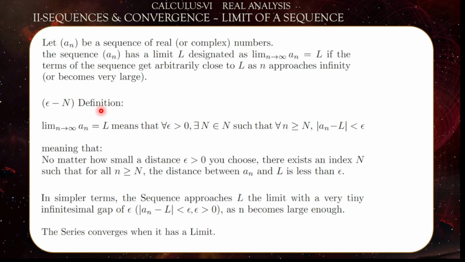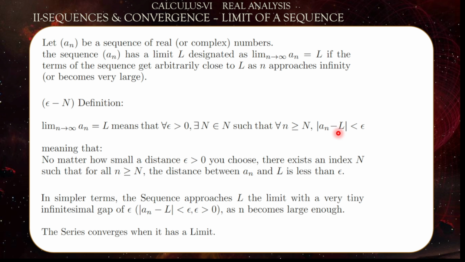Epsilon-N definition. The limit of an as n approaches infinity is equal to L means that for whatever epsilon greater than 0, epsilon being a very infinitesimal small number, very close to 0 by the way, there exists a number capital N among the natural numbers such that for all n greater than or equal to capital N, an minus L in absolute value is less than epsilon.